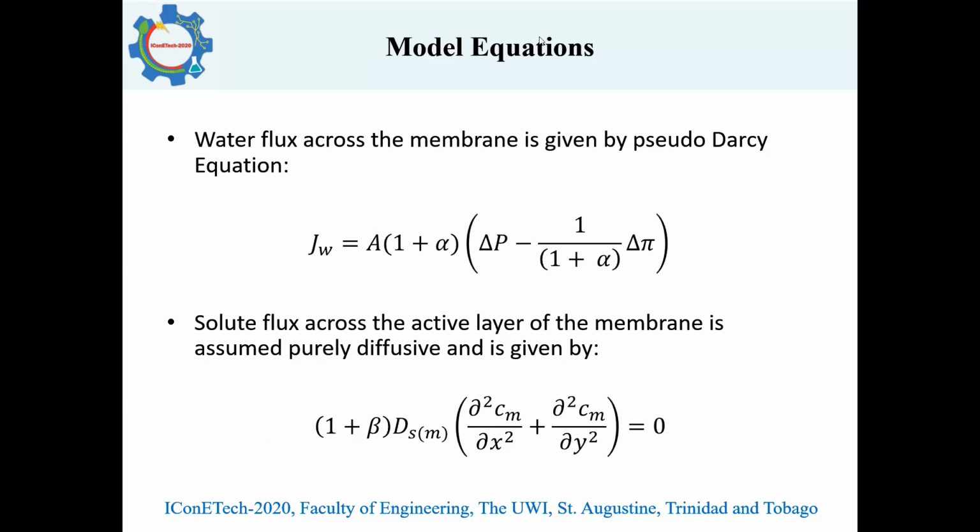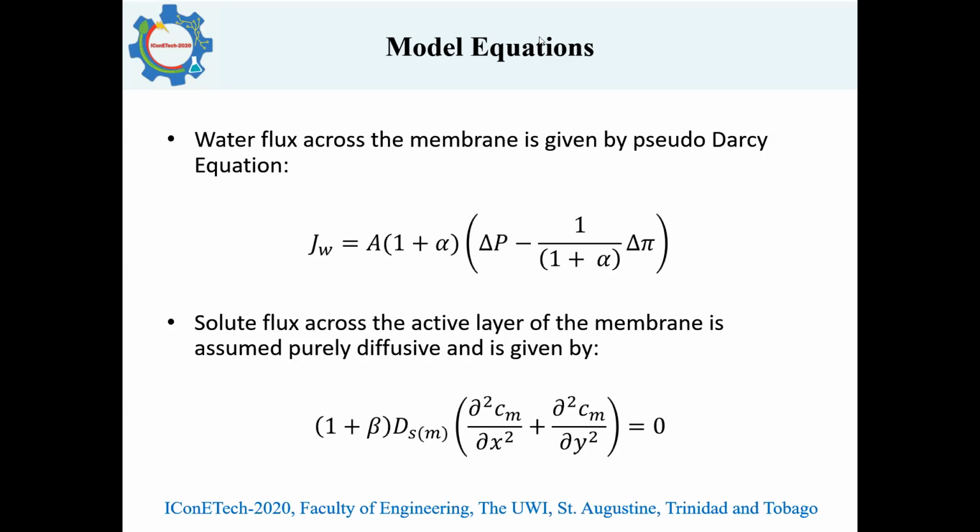So in developing our equations, we had to make two changes to the established equations found in the literature. These two changes were made to the pseudo-Darcy equation for water flux across the membrane, and the second was some small modifications made to the solute flux across the active layers of our membranes.